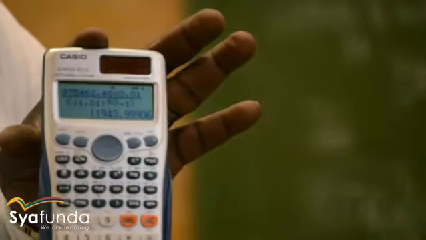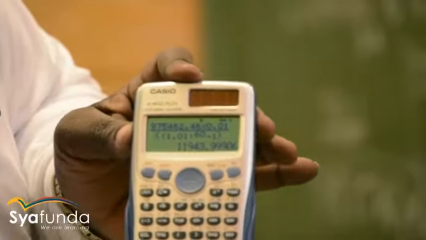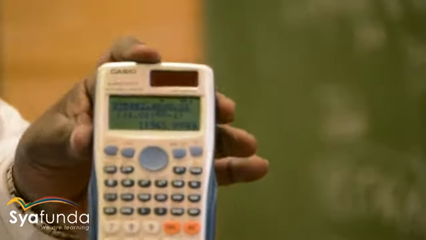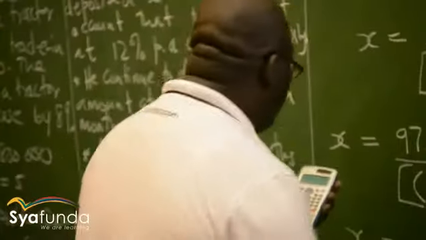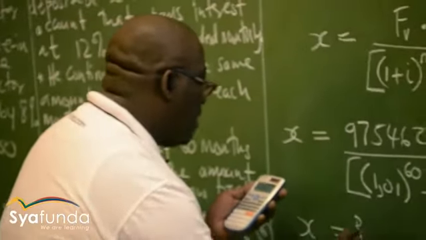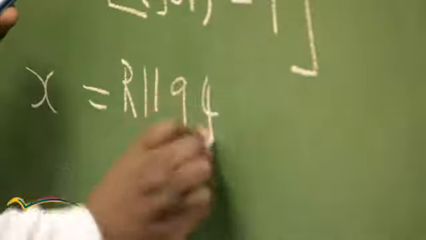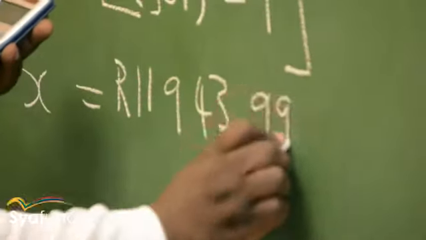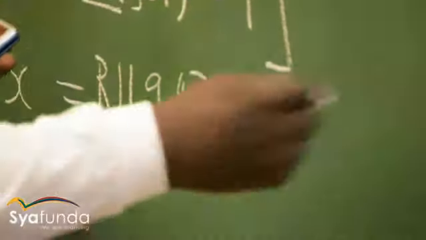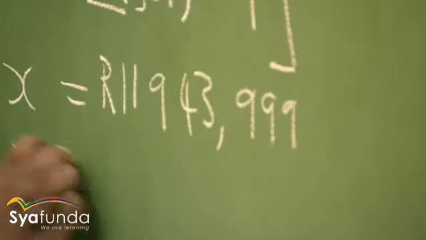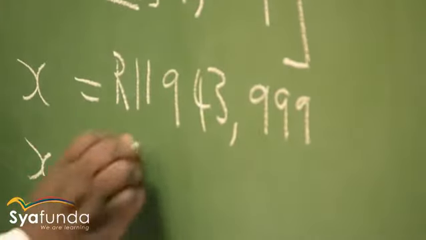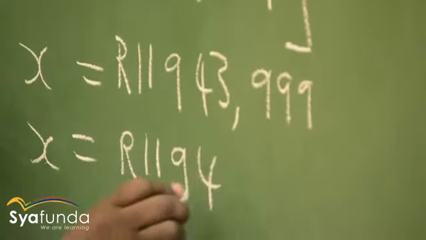The answer that we see here is 11943.99999 and so on and so forth. Let's write it down. It is R11,943.999 and so on. So this is actually R11,944.